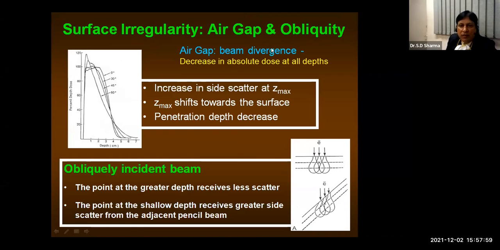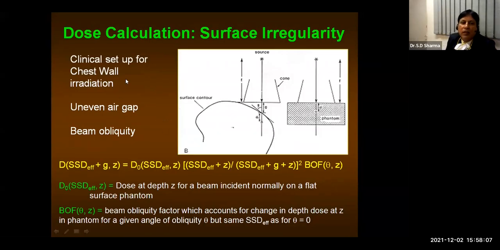Then once again, corrections are required for surface irregularity and oblique incidence of the beam, as you might have seen in this example of treatment of the chest wall. I will not be able to discuss it because I need to answer queries of all of you. But the expression is given here, and hopefully this video may be available at the FOAM website. You can go through it as and when it is required.